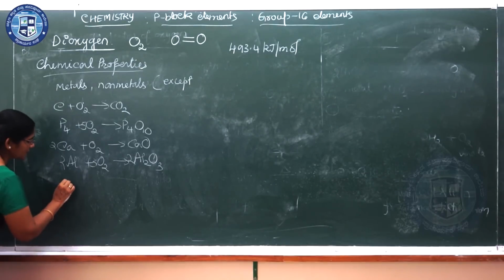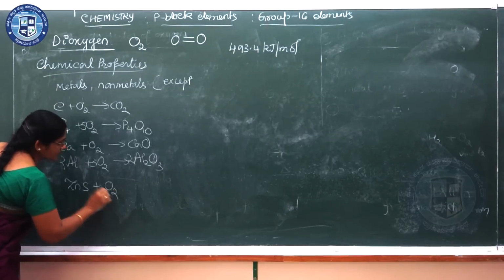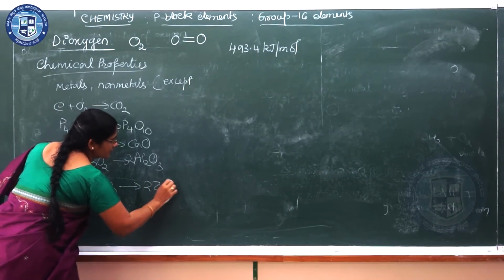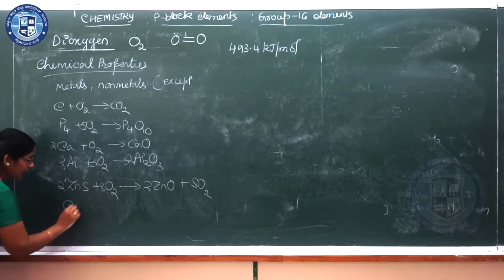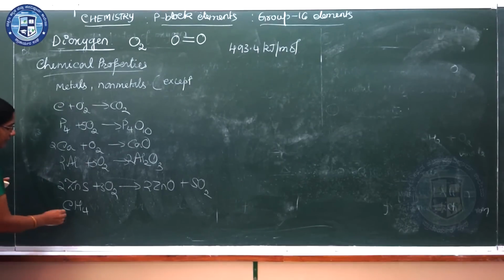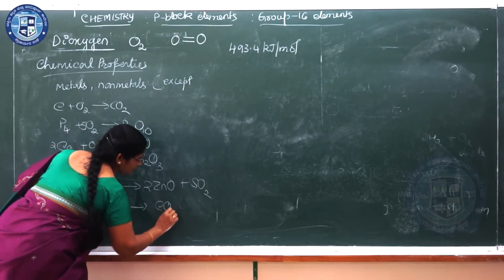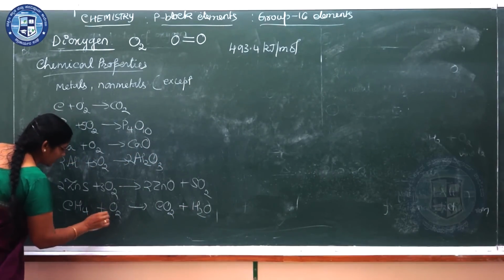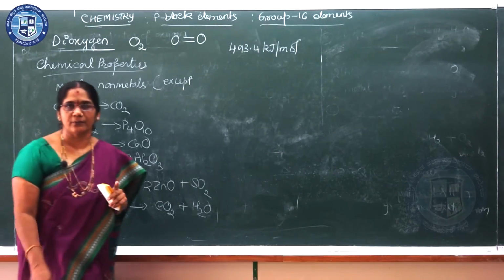Then compounds like zinc sulfide, the sulfide ores when roasted in oxygen, give their oxides and sulfur dioxide gas. Organic compounds, all the hydrocarbons and the organic compounds react or burn in oxygen, and all these reactions will give a lot of energy.